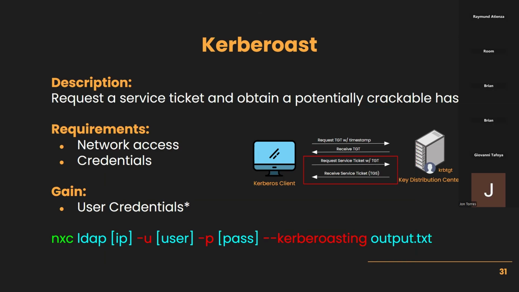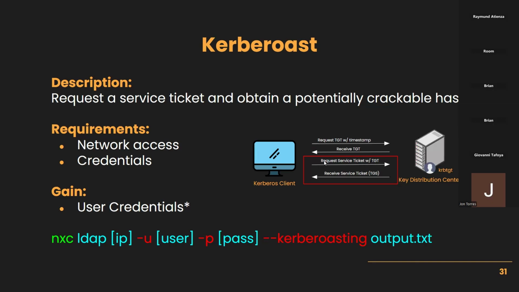In this portion, you request a service ticket and obtain a crackable hash. Unlike ASRep roasting, you do need credentials for this, because it skips over the first part, so you need to input creds.